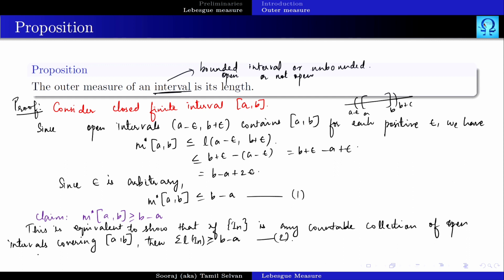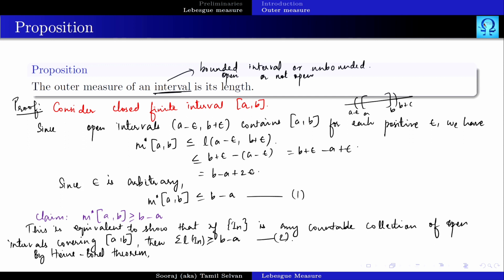So in order to prove this, we are going to make use of the Heine-Borel theorem. I hope you can recall what the Heine-Borel theorem says. In Euclidean space, if a set is closed and bounded, then it will be compact. If a set is compact, then it will be closed and bounded. Compactness means if you have an open cover for any set, it will admit some finite subcover.